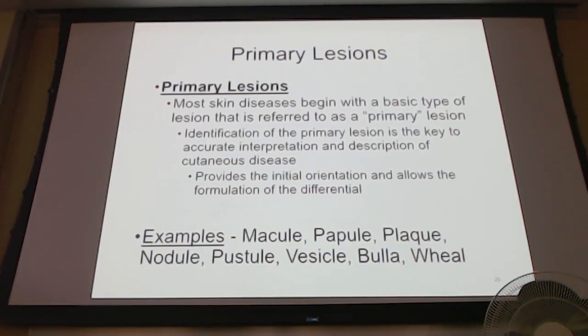So that's what a primary lesion is. Identification of the primary lesion is key to an accurate interpretation and description of cutaneous diseases. So it gets that initial orientation. This is where it starts and this is what it is now. Examples, like I said: macule, papule, plaque, nodule, pustule, vesicle, bulla, wheal. Those are all primary lesions.